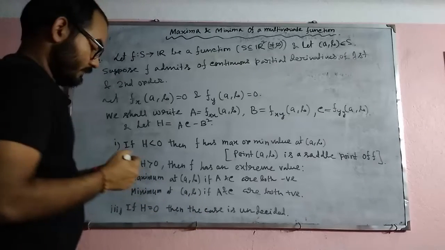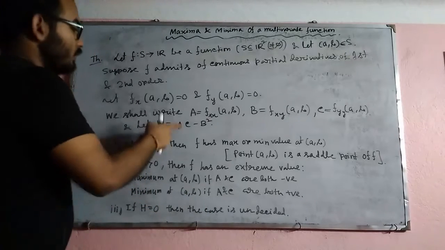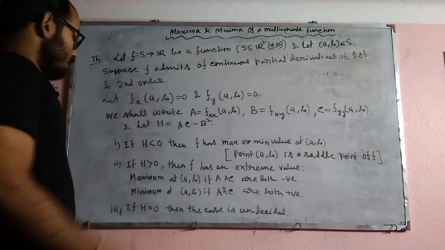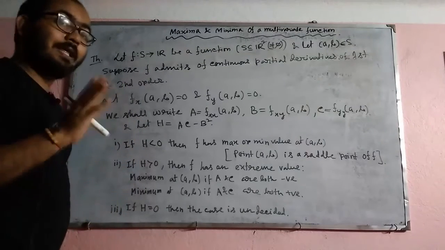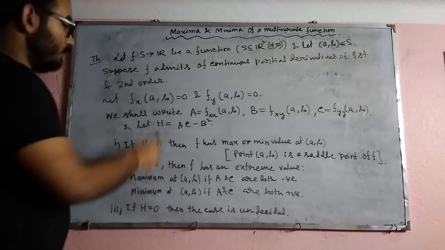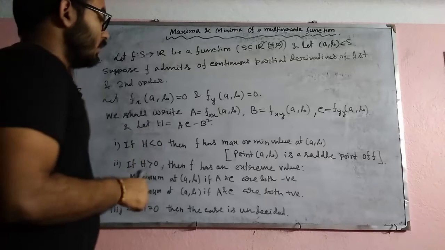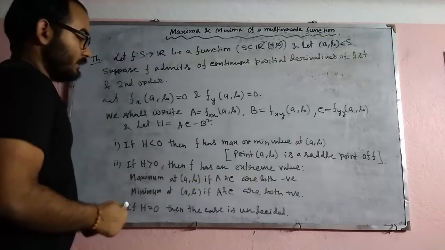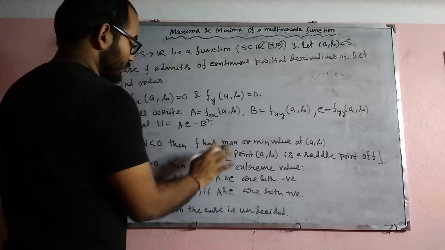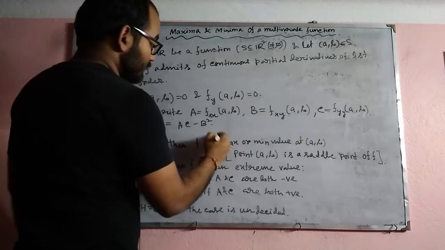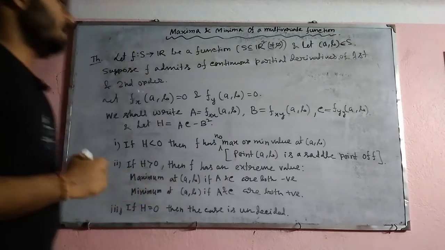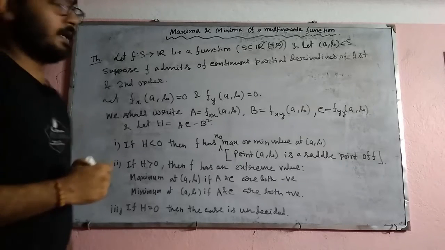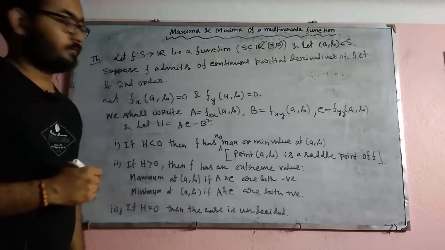and let H equal to AC minus B square. If H is less than 0, then f has no max or min value at the point (a, b).